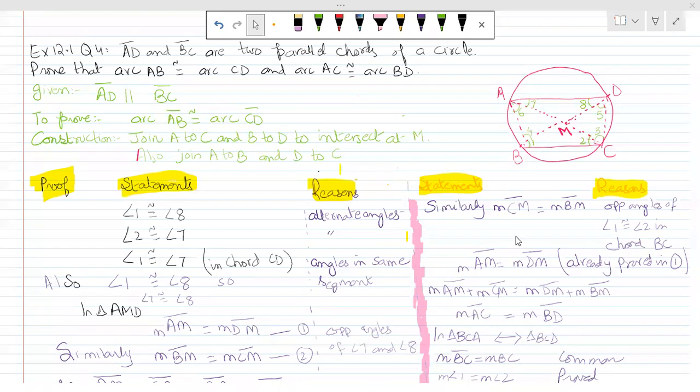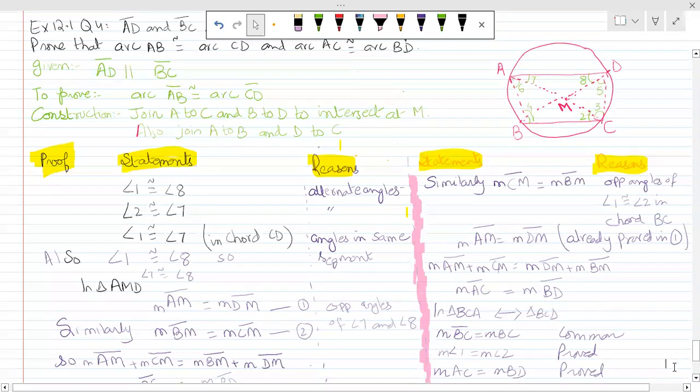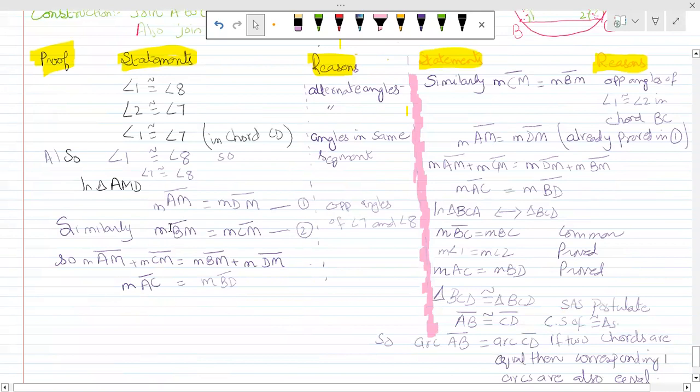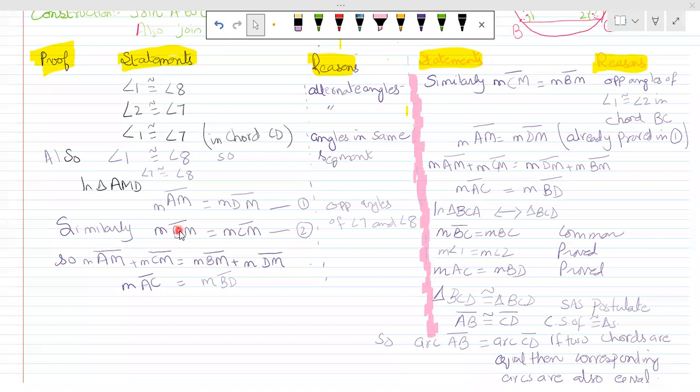Now results number 1 and 2 have been established. We will combine these two results by adding them. AM plus CM will be equal to BM plus DM.